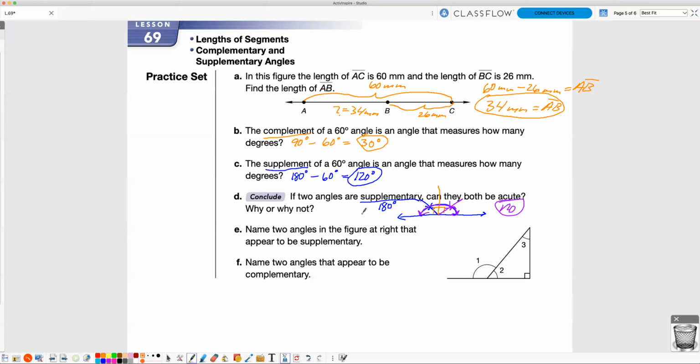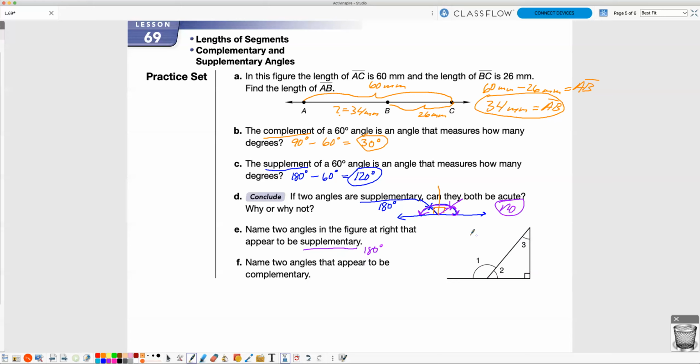Letter E, name two angles in the figure at right that appear to be supplementary. So supplementary, again, remember that equals 180 degrees. So in this case, when you're looking at two angles, we've got angle 1, angle 2, and angle 3. This adds up to 90. Over here, it's unnamed.